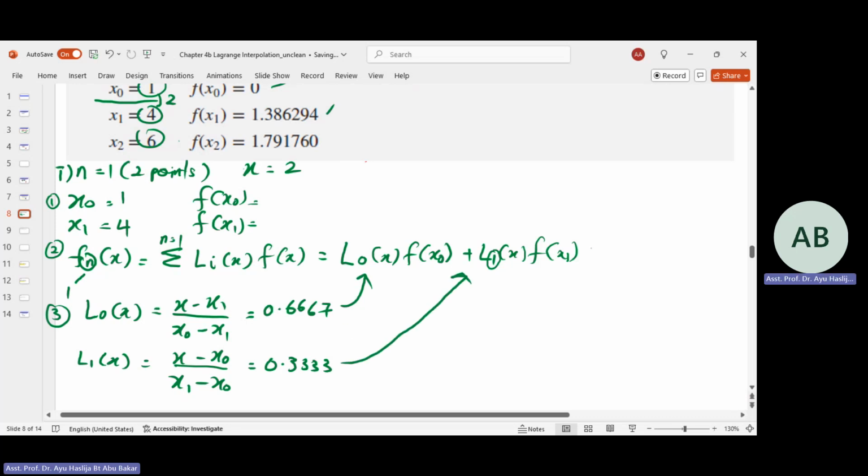Here you should be getting 0.46205. So this is equivalent to f1(2).